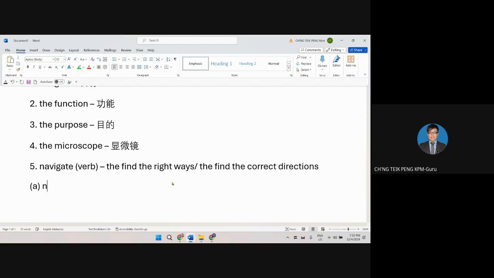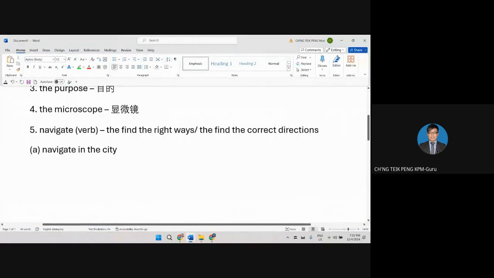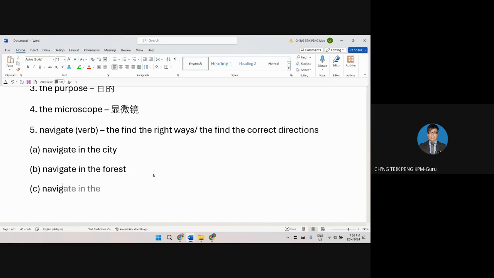So you can navigate in the city. If you navigate in the city, it means you walk around in the city and you know the directions. 你没有迷路咯，你懂怎样子走。You know how to navigate in the city. All right? Or you can navigate in the forest. Or you can navigate in the sea. All right, in the sea, yeah.